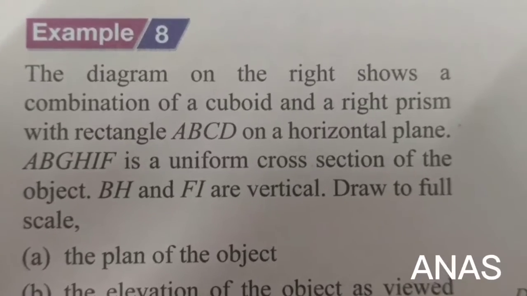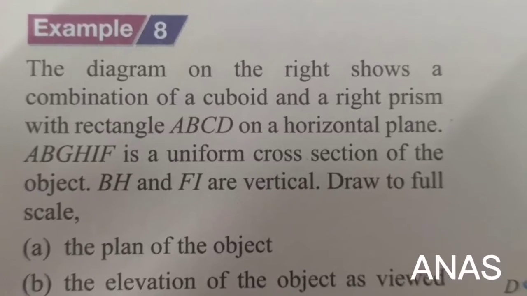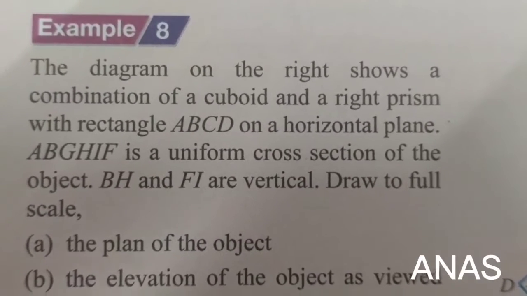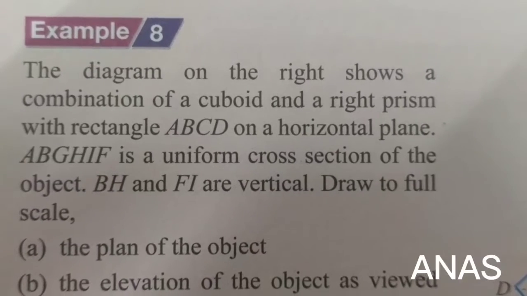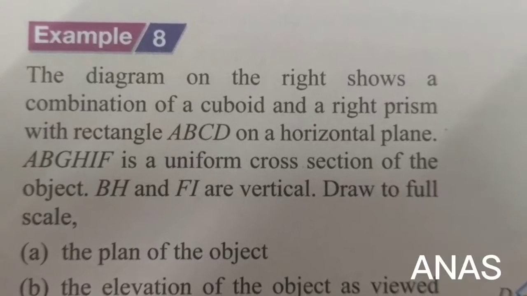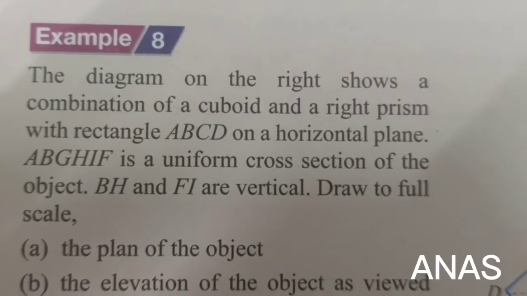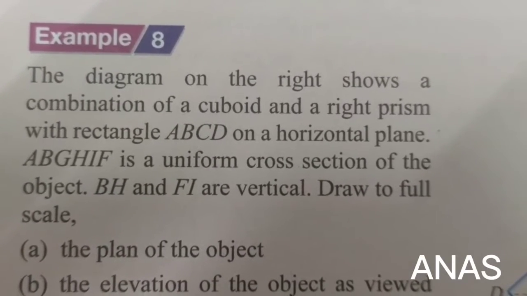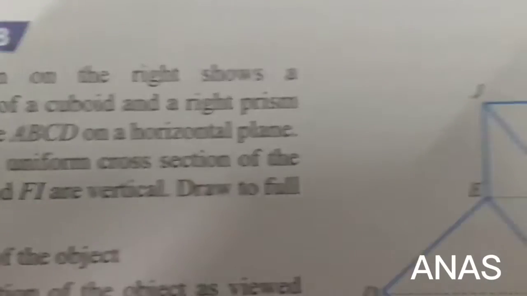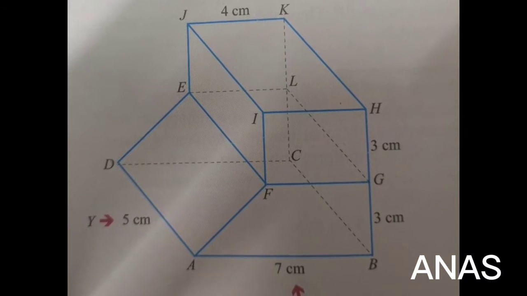Example 8. The diagram on the right shows a combination of a cuboid and a right prism with triangle ABCD on a horizontal plane. ABGHIF is a uniform cross section of the object. BH and FI are vertical. Draw to full scale. This is a diagram.